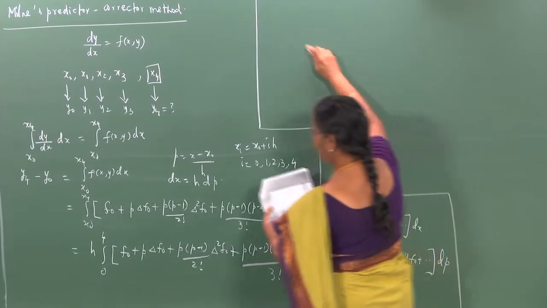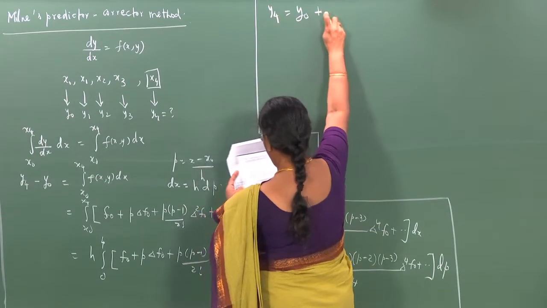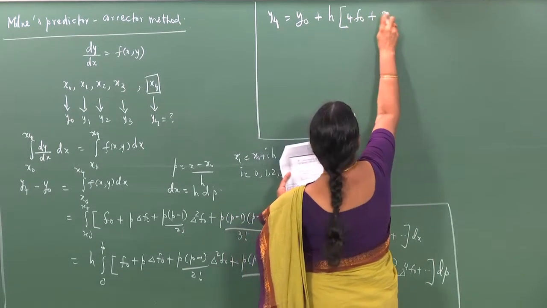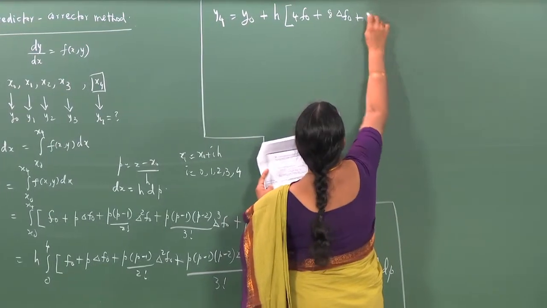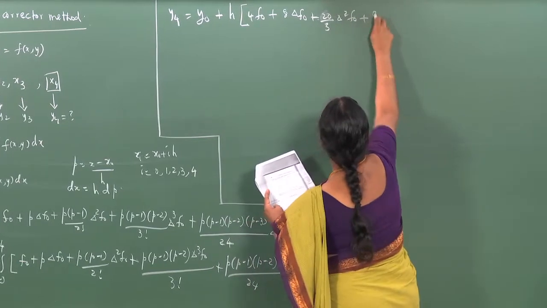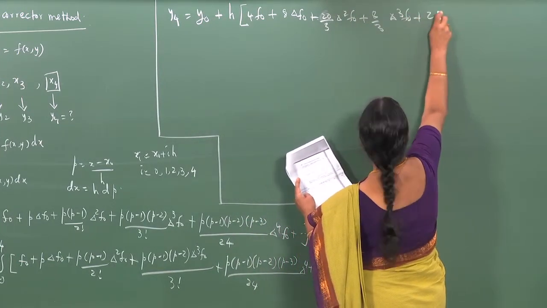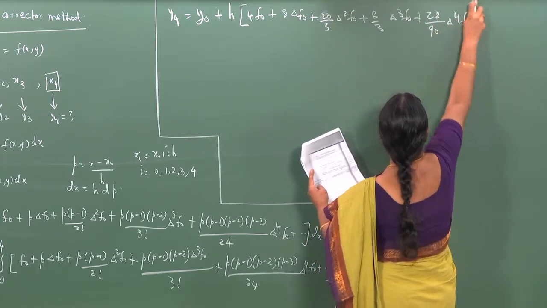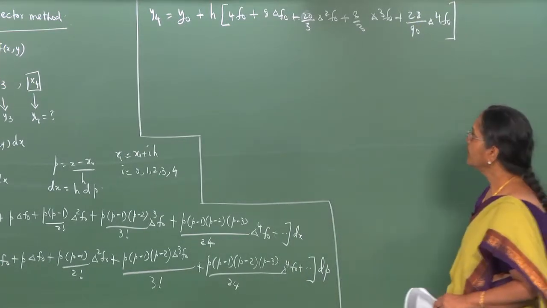So, it gives you y4 equal to y naught plus h into 4 f naught plus 8 delta f naught plus 20 by 3 into del square f naught plus 8 by 3 into del cubed f naught plus 28 by 90 into del power 4 f naught, and we consider terms up to this.